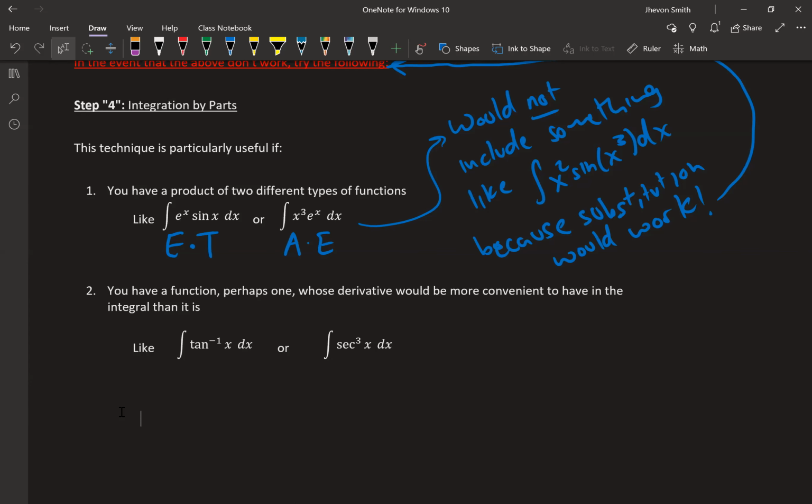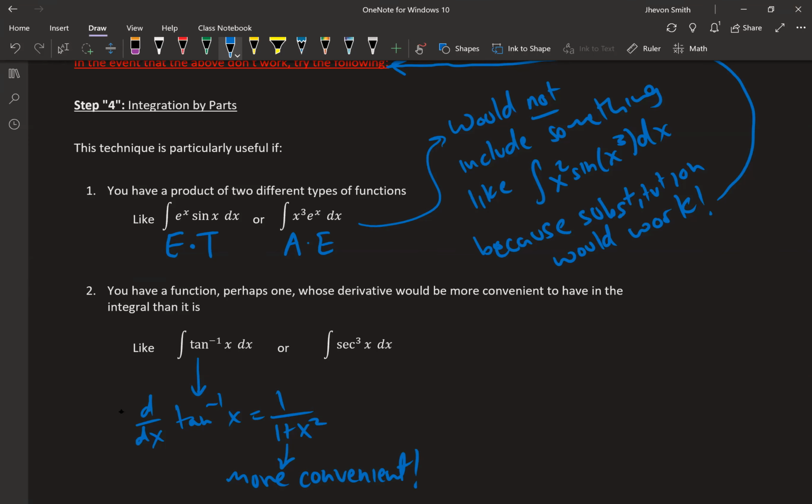For example, here, notice that I know that the derivative of tan inverse is going to be 1 over 1 plus x squared, and this is more convenient to have. So I realized that, you know what?